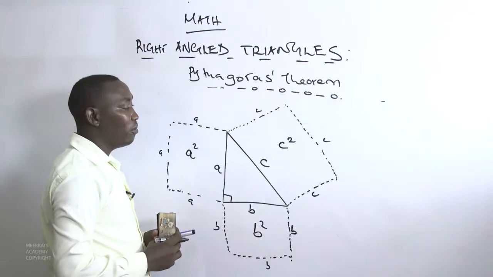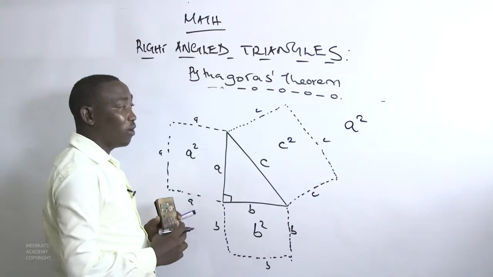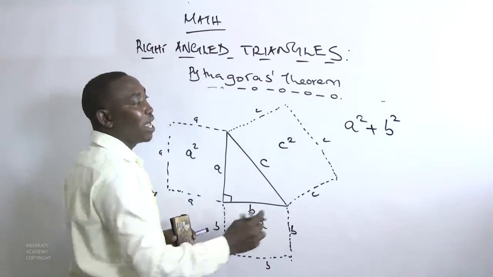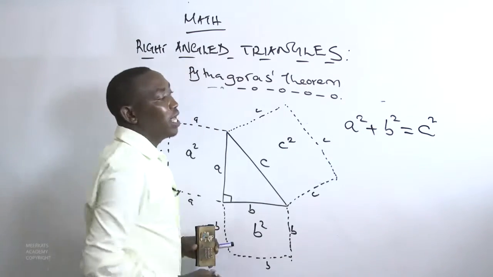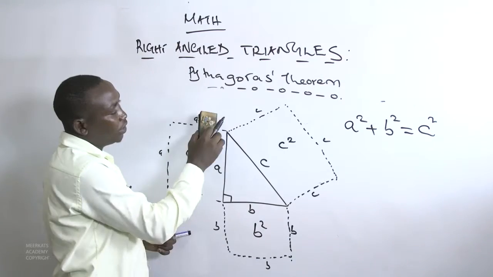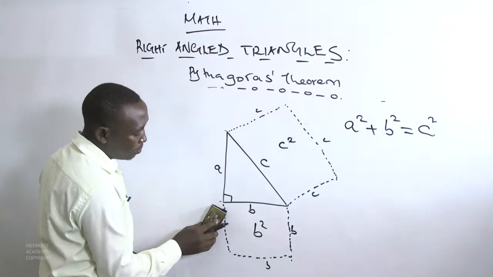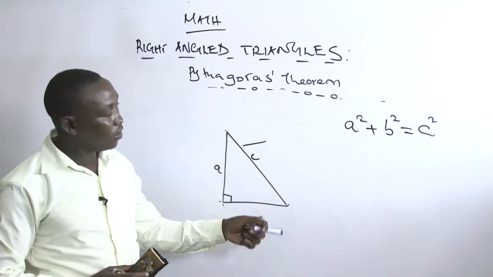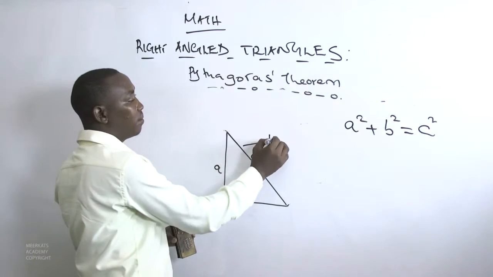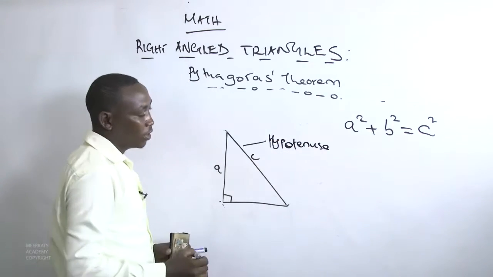That is when they came up with the formula that if you take A squared, the square of one of the shorter sides, and add it to the square of the other shorter side, the result will be equivalent to the area, or the square, of the longer side. The longer side of this triangle was given a name, and the name is hypotenuse. So that is the hypotenuse side.